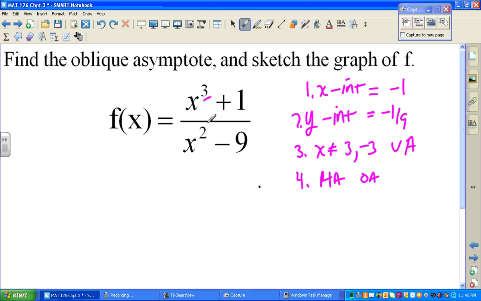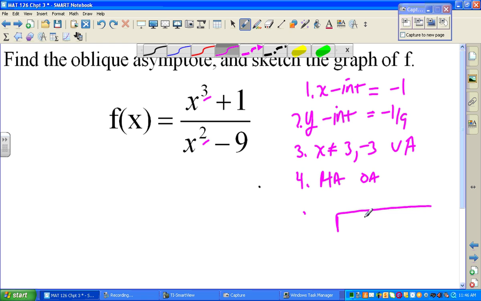Well, the degree is 3 and the degree is 2, so x cubed plus 1 goes on the inside, and x squared minus 9 goes on the outside. No, the other way around. Made 2 mistakes. Yeah, I know. It's been a long week. X squared minus 9, x cubed plus 1.